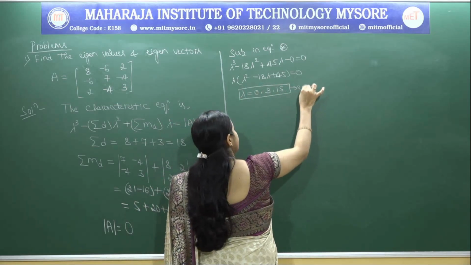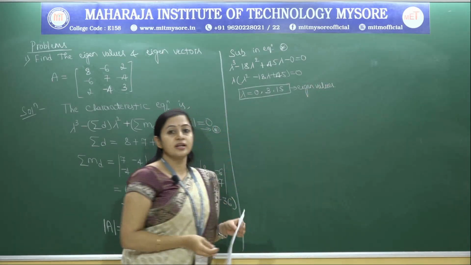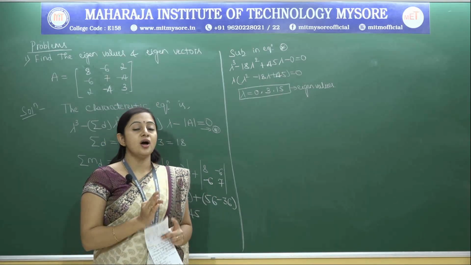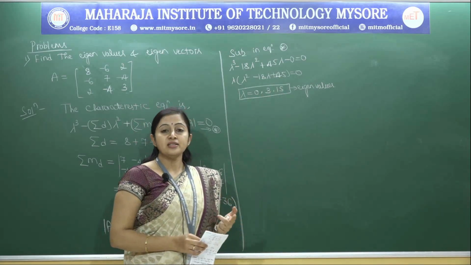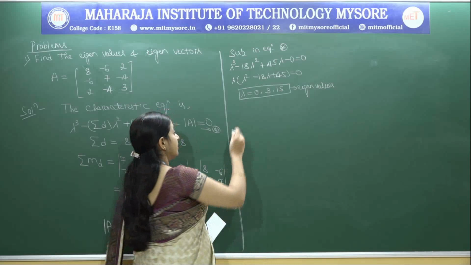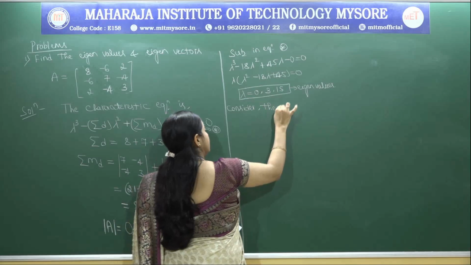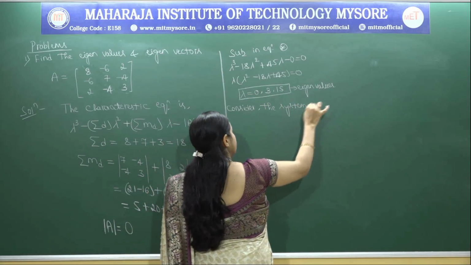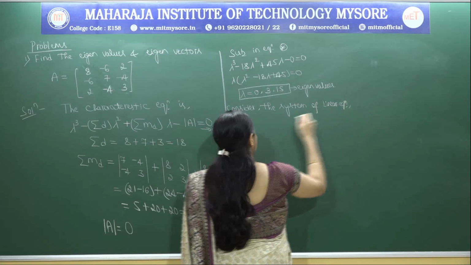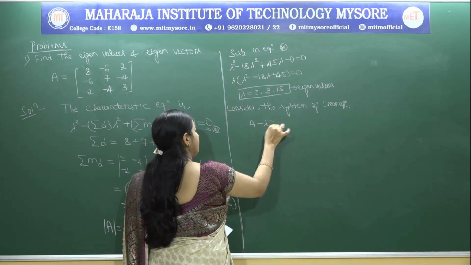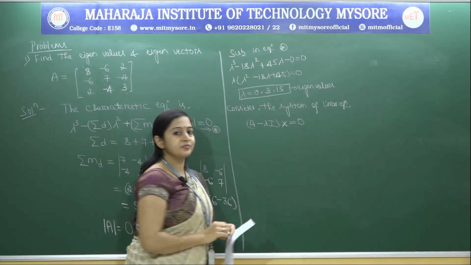So these are the eigenvalues of the given square matrix of order 3 cross 3. Next, you have to find the eigenvectors to the corresponding eigenvalues 0, 3 and 15 by considering the system of linear equations, that is (A minus lambda I) x equals 0.